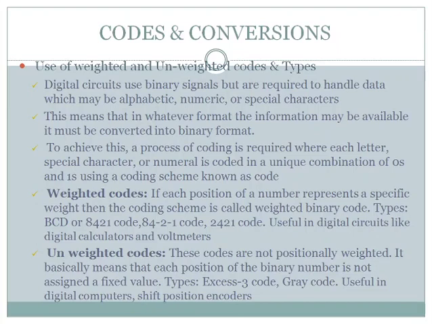Basically, all the codes can be classified into two different types: weighted codes, and unweighted codes. What is meant by weighted code? A code is a combination of ones and zeros to represent any alphabet, numeric or special character.